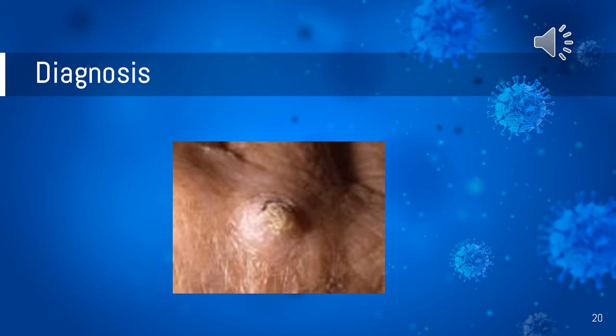So for the diagnosis of squamous cell carcinoma, of course we mainly depend on biopsy and also endoscopy to detect second primary cancer. Also chest x-rays and CT of the head and neck are a primary way to diagnose squamous cell carcinoma.